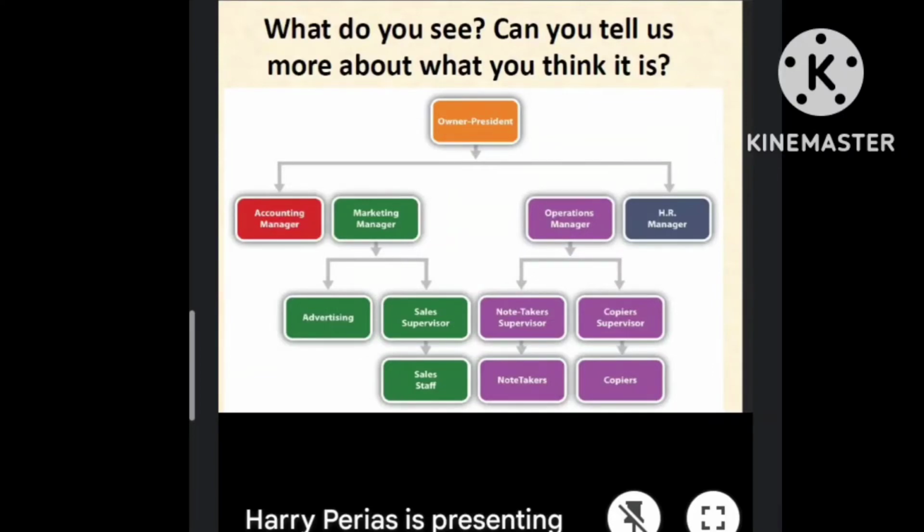So, sa aking palagay, okay naman itong organizational design na ito. Okay? Proper naman siya. In a sense na may kanya-kanyang division, may kanya-kanyang manager per department. Like, sa accounting, meron siya accounting manager. Sa marketing, meron siya marketing manager. And sa operations, meron siya operations manager, and so on.